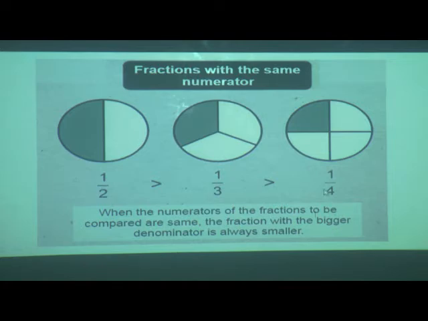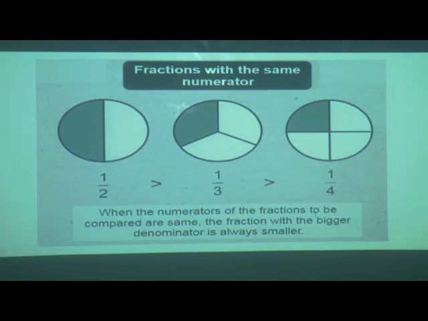So when the numerators of the fractions to be compared are the same, the fraction with the bigger denominator is always the smaller. Again I will repeat and explain: when the numerators of the fractions to be compared are the same, the fraction with the bigger denominator is always the smaller.